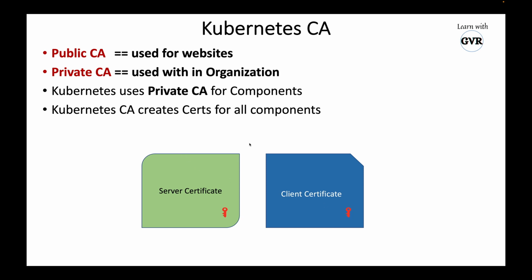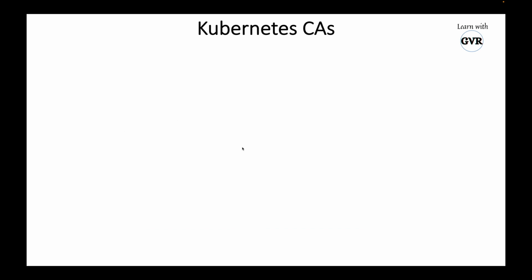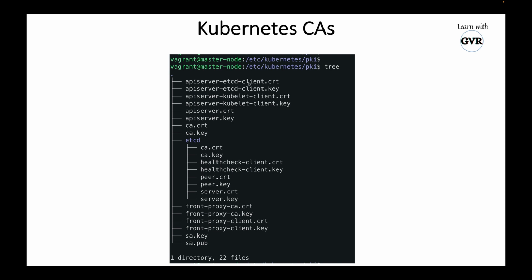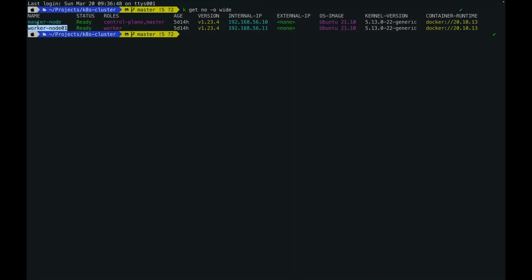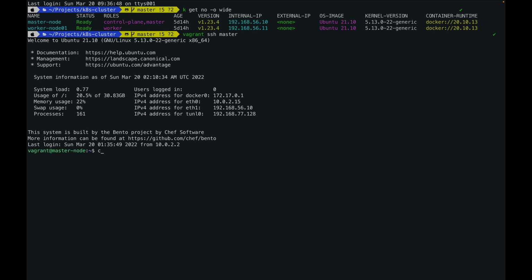Now next, Kubernetes CA. If you go to the Kubernetes master node, I'm in a 2 node Kubernetes cluster, right? Now I will go inside the master node. I'm doing SSH into the master node, just bear with me a second. Yes, I am back here, right?